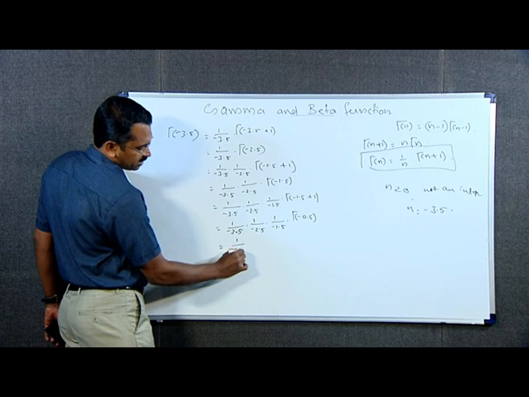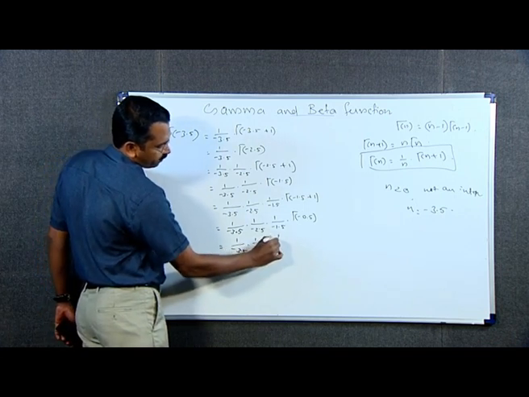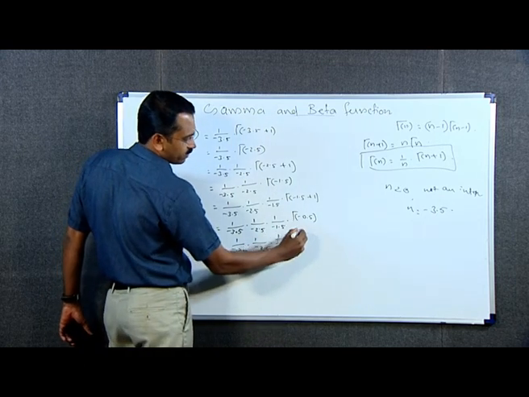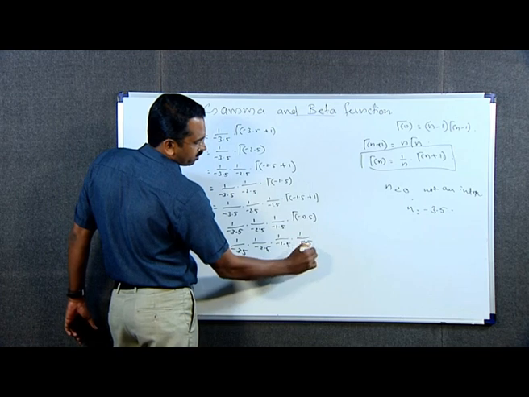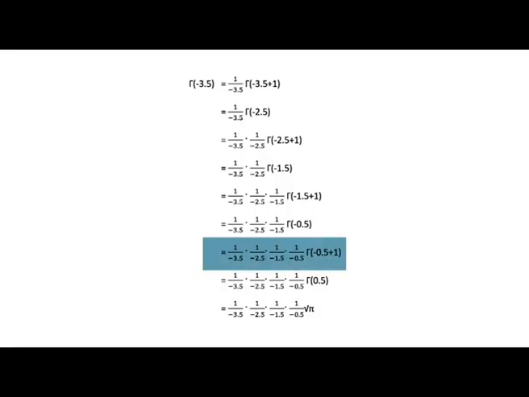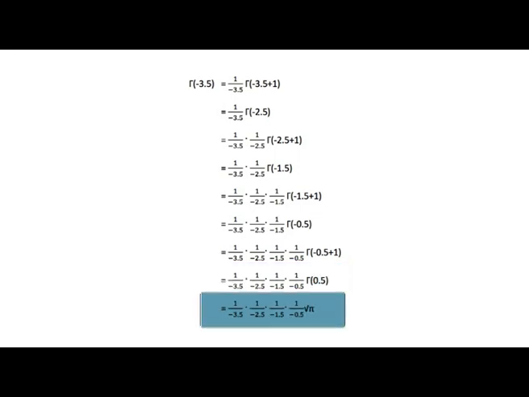Using the relation once again, we get 1 by minus 0.5 into gamma of minus 0.5 plus 1, which is gamma 0.5. Gamma 0.5, that is gamma 1 by 2, is root pi. Therefore, this is equal to 1 by minus 3.5 into 1 by minus 2.5 into 1 by minus 1.5 into 1 by minus 0.5 into root pi.